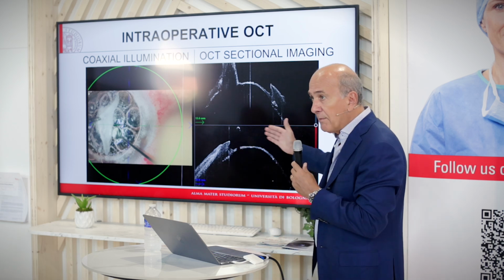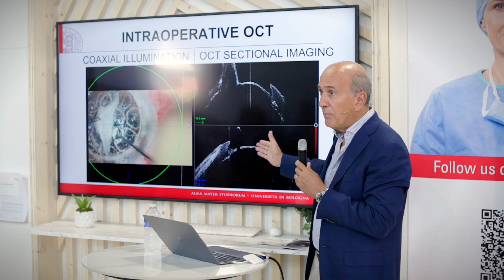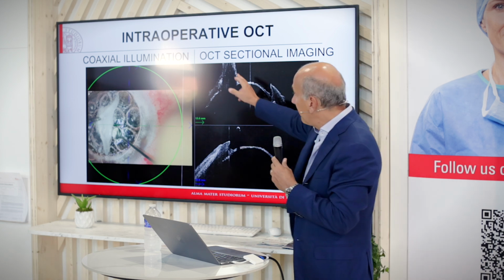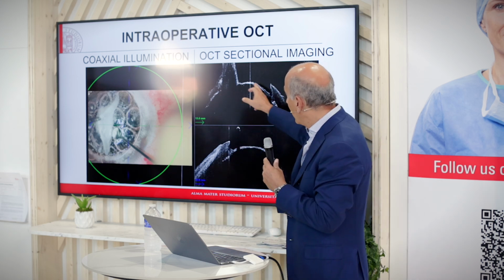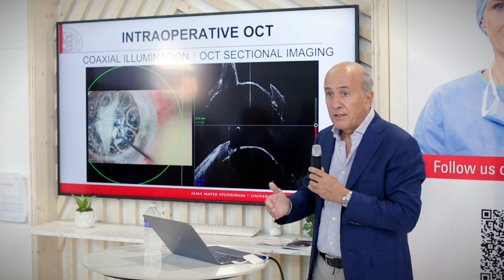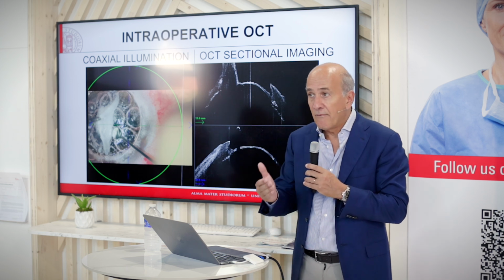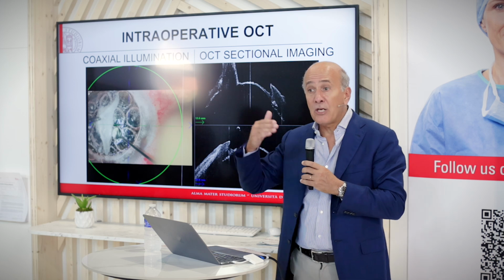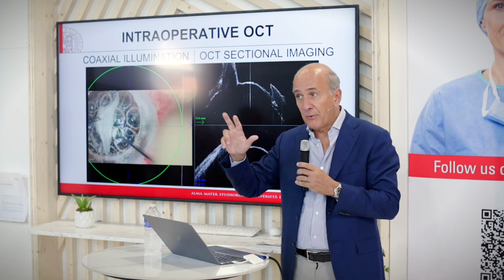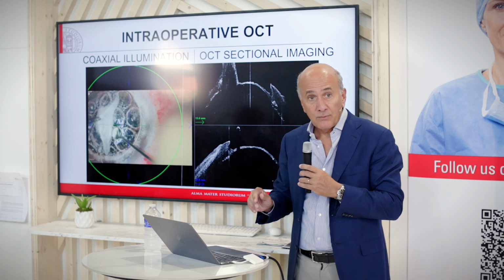But if you look at the OCT, you immediately know that I'm lifting up a layer of stroma and dissecting through and leaving behind a layer of cornea which is very even in thickness and very regular. So this is another dimension from the previous three that I illustrated to you.